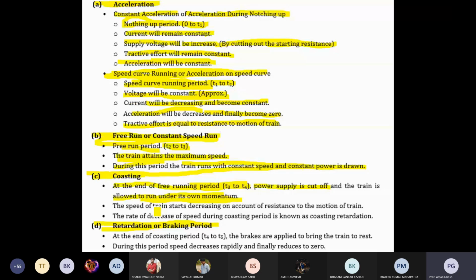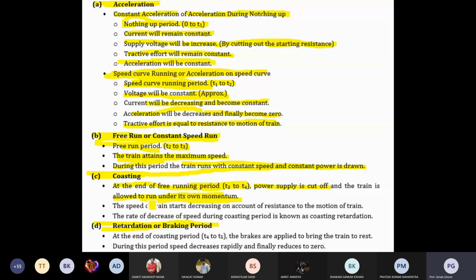That means your motor behaves like a generator, feeding back that additional energy to your bus, to your catenary through the contactor, to the input side. So the speed of the train starts decreasing on account of the resistance to the motion of the train.